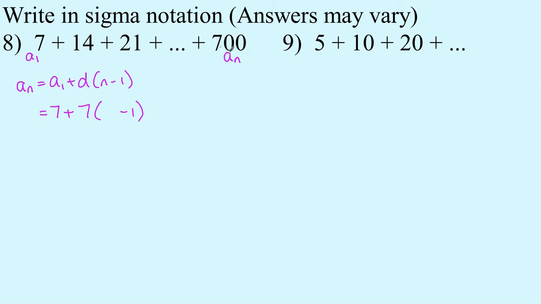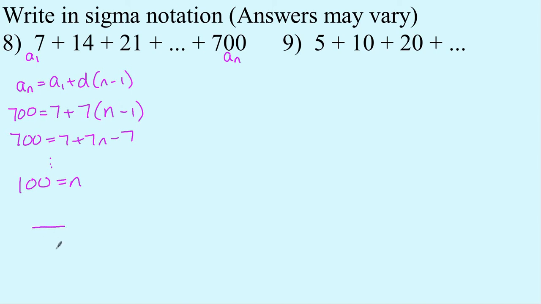You're not looking for 700 terms. 700 is the last term, so it goes here, and you solve for n. So we have 700 equals 7 plus 7n minus 7. We work that out, and you get 100 equals n. So there are 100 terms in this sequence.